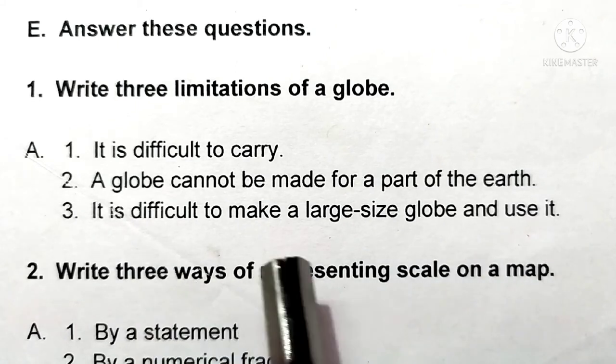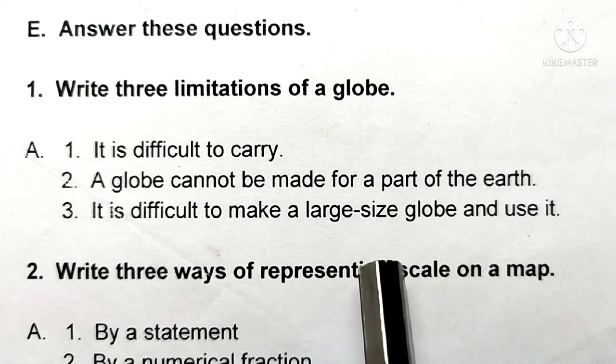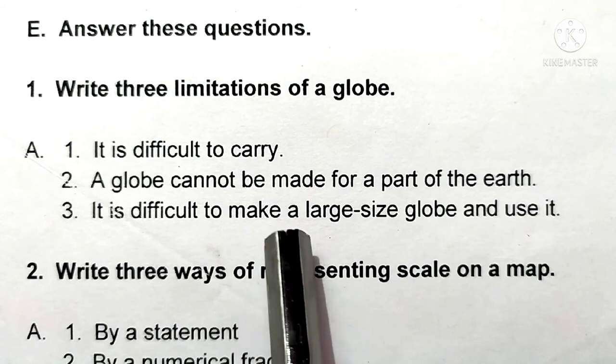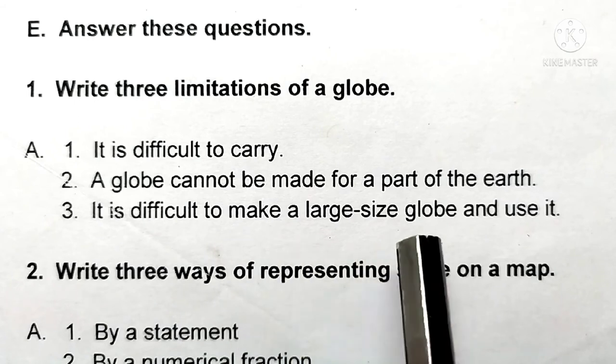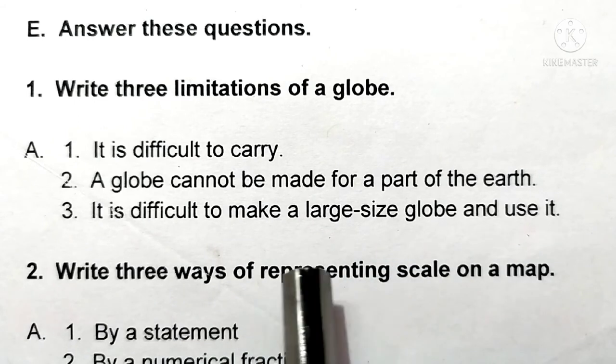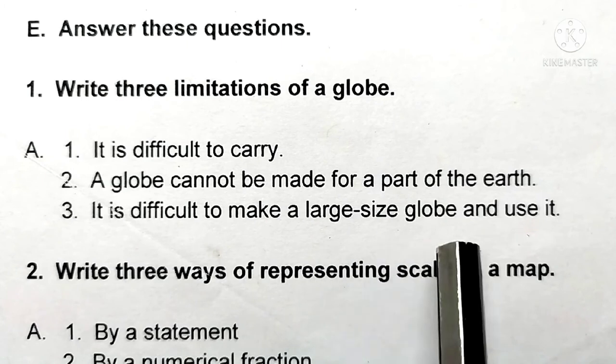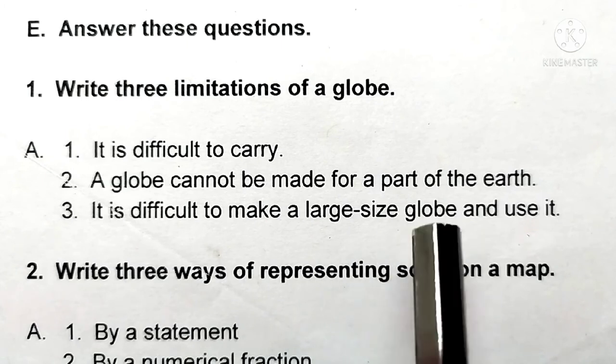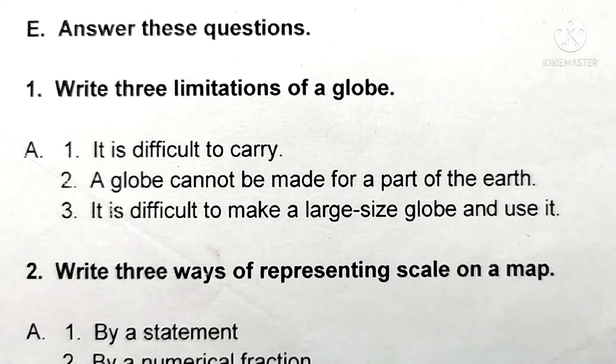Generally, globes come in moderate sizes, so it is very difficult to make a large size globe and use it, because if we make a very large size globe, then it is very difficult to take it from one place to another. Next question, question number 2.